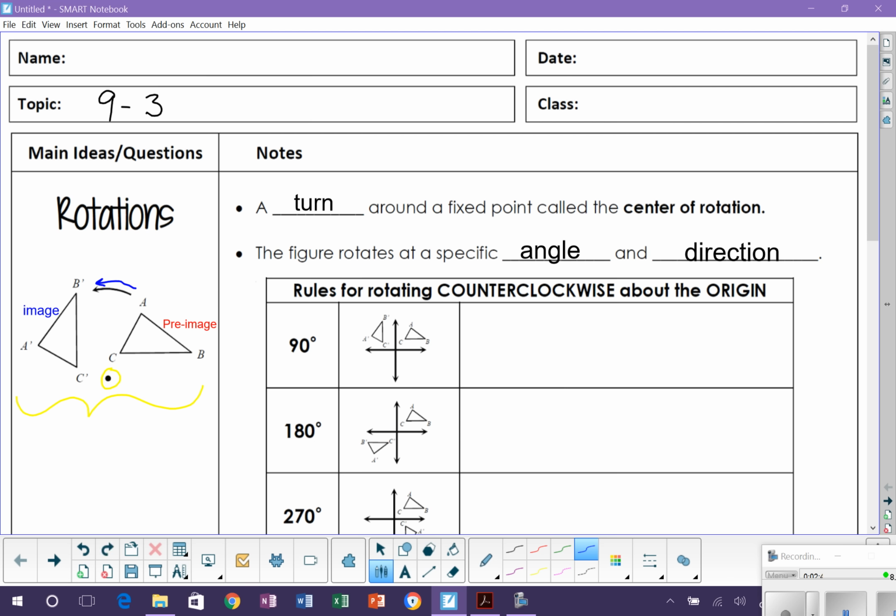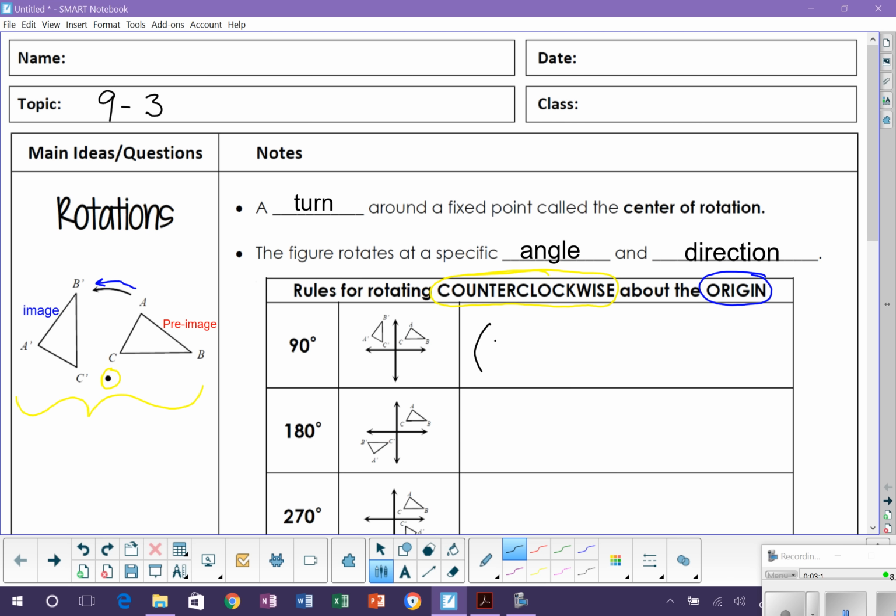90 degrees. This is where the patty paper, so you guys can use patty paper or tracing paper, is going to come in handy. And here is your actual formula. Now, this right here is key. Rules for rotating counterclockwise. How? Where? Around the origin, unless it tells you otherwise.